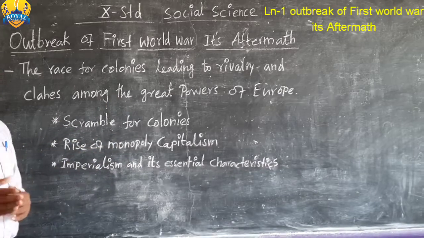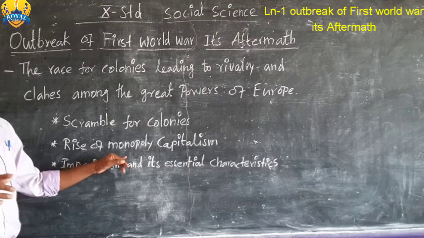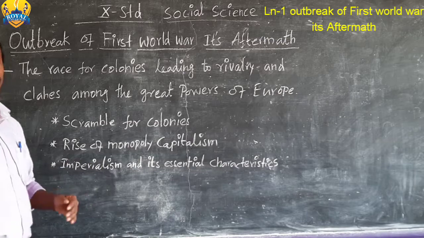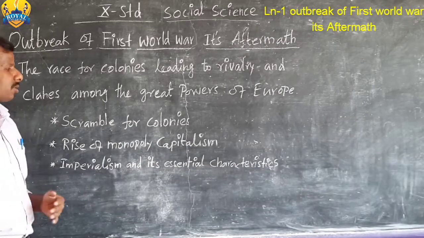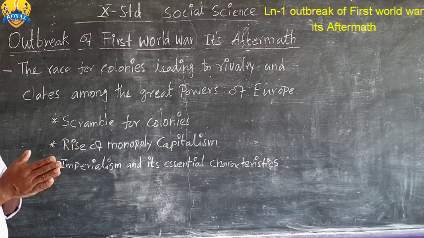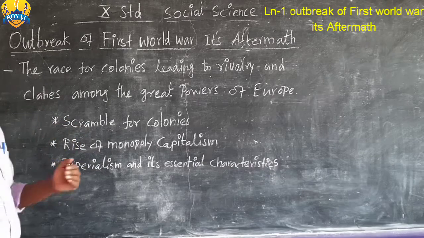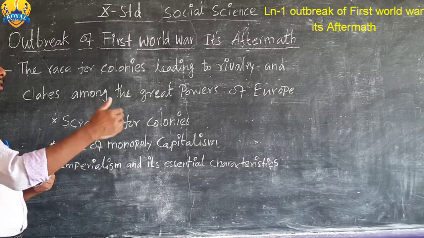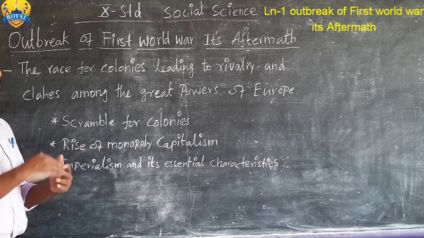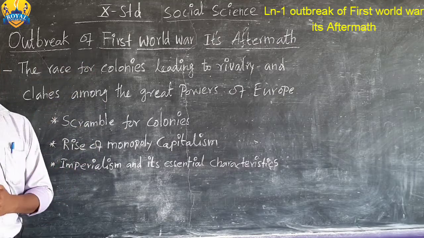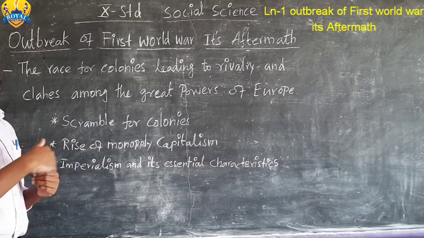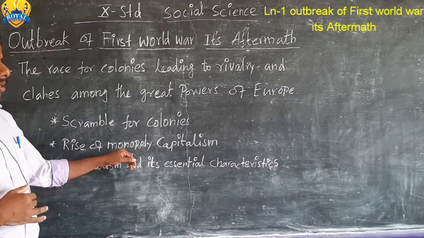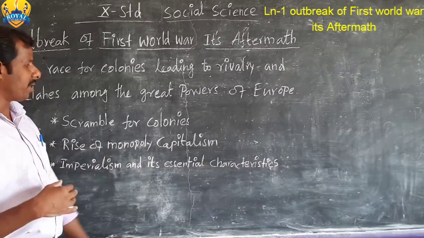After 1881, and by nearly 1914, Africa also came under European control. This is how they prevented foreigners from entering another country. For example, Britain, having control in India, never allowed any other foreign power to enter India. This system is called monopoly capitalism.